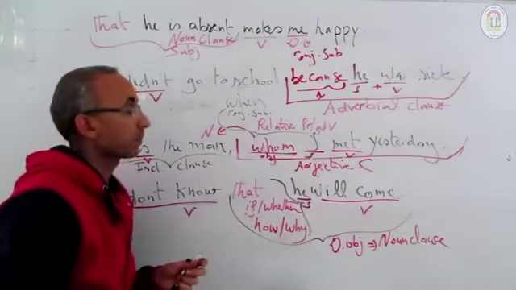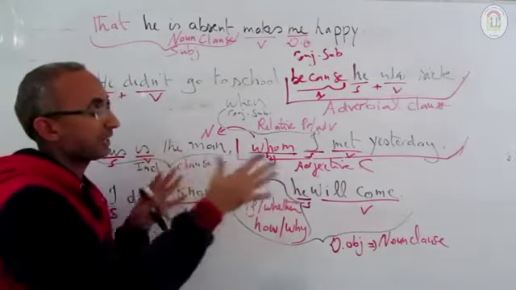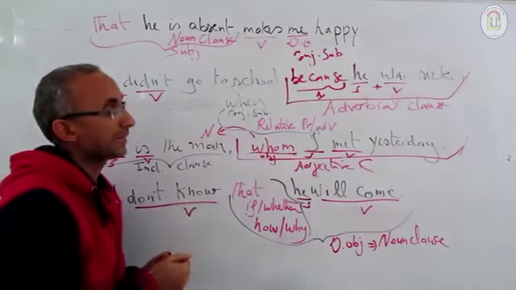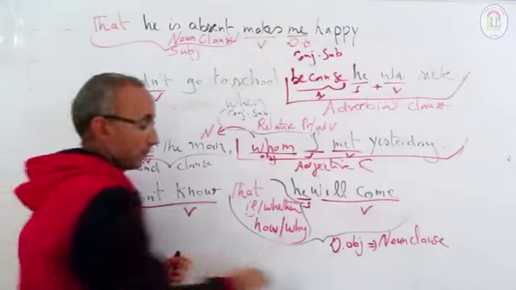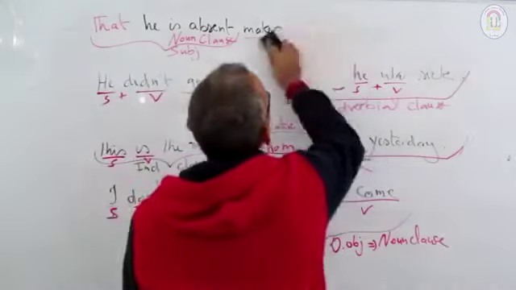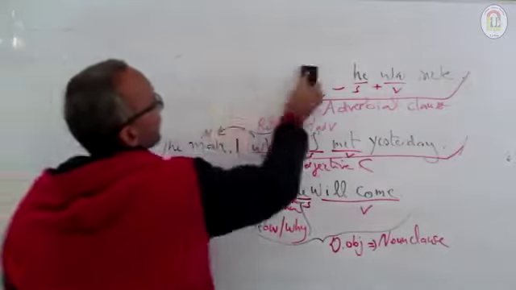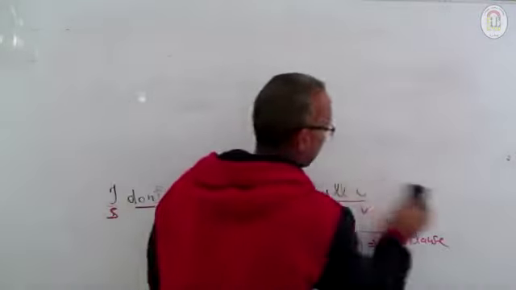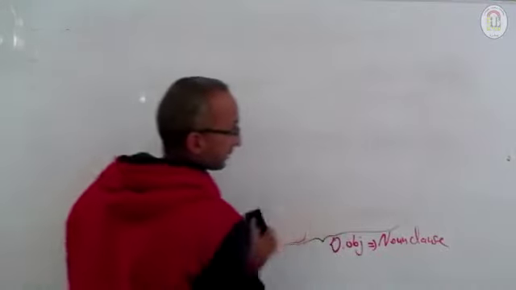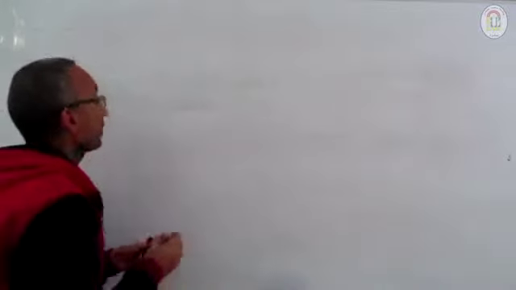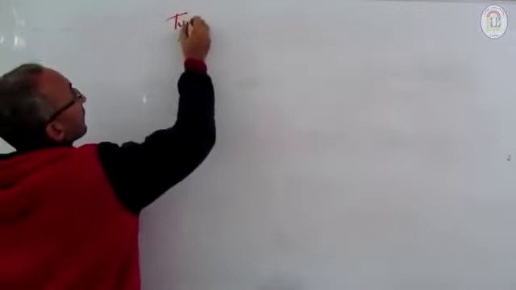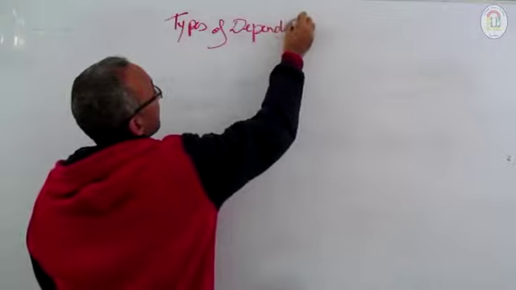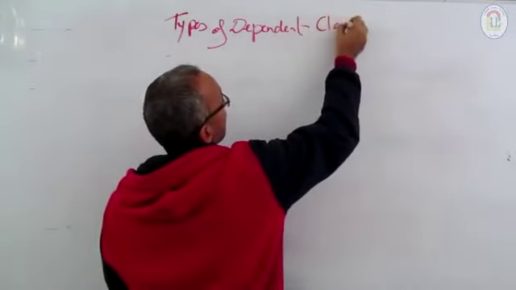Alright, good. Now we'll try to recapitulate and summarize the different structures of each type of these dependent clauses together, and we write as a subtitle for this little lesson, types of dependent or subordinate clauses.